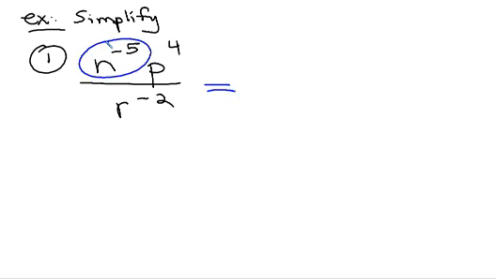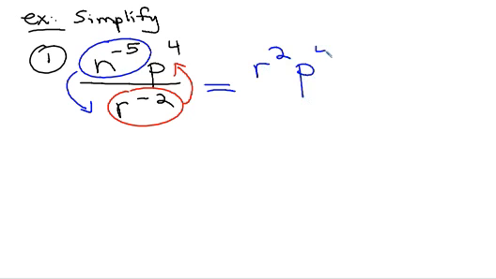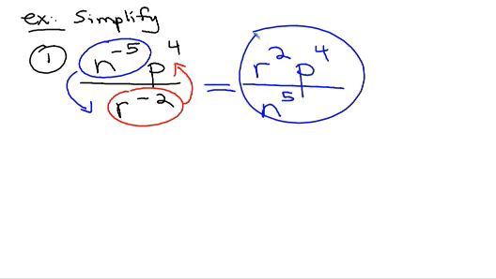This n to the negative fifth needs to come down here. This r to the negative second needs to come up here. And when I do that, the powers become positive. So the r to the second will now be on top. The p to the fourth does not go anywhere. And the n to the negative fifth is now n to the fifth in the bottom. And that's all I can do to this one. That problem is done.